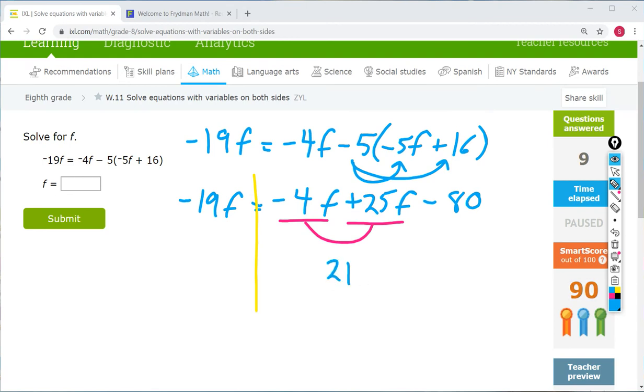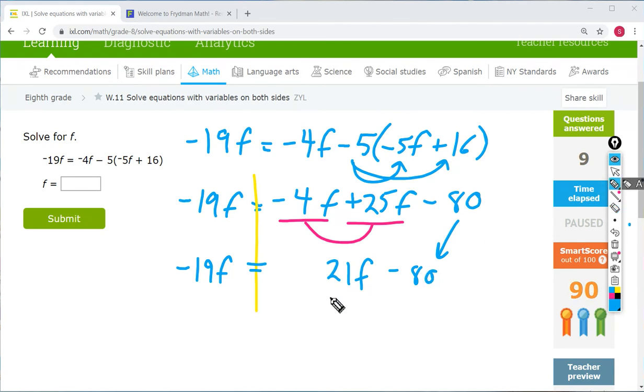And take the symbol of the larger number. 25 is bigger than 4. It had a plus in front of it, so we'll make this a positive 21f. Then don't forget the minus 80. Equals negative 19f. Nope, I have an f, whoopsie.